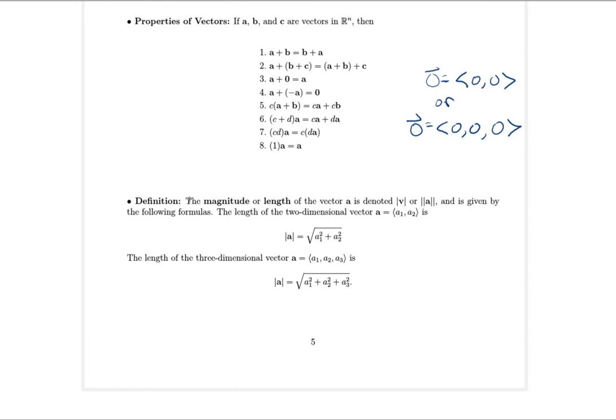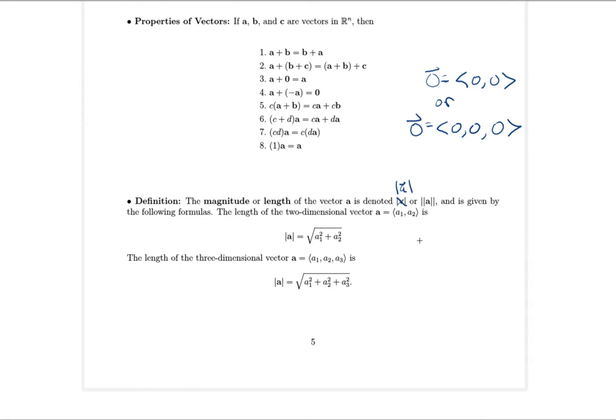All right, so now let's talk about the magnitude. A little bit of a typo here that I'm just now noticing. All of a sudden I switched to V. I didn't mean to do that, so this should say A right there, so you can make that little fix. So the magnitude or length of a vector A, denoted as this, or you might see double bars around the A, is given by the following formulas. It's just literally the Pythagorean theorem, right?